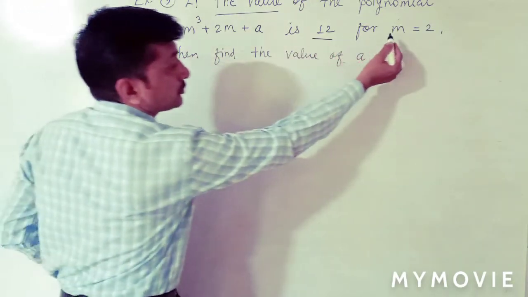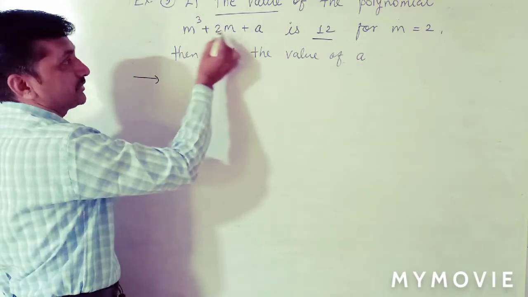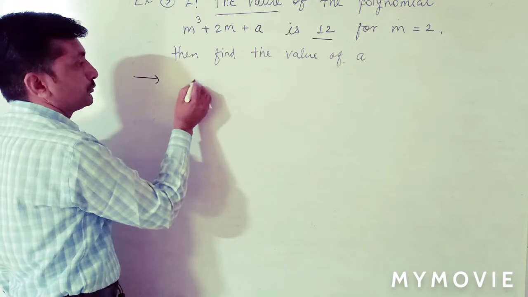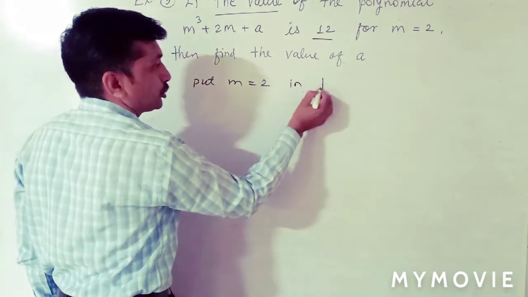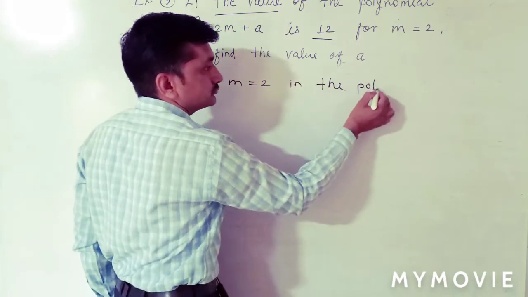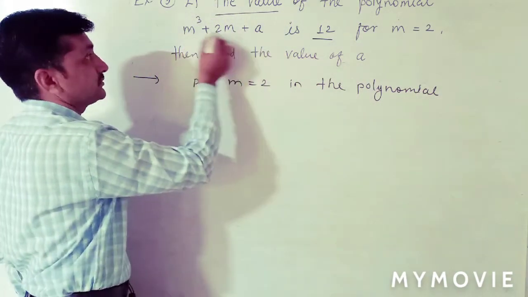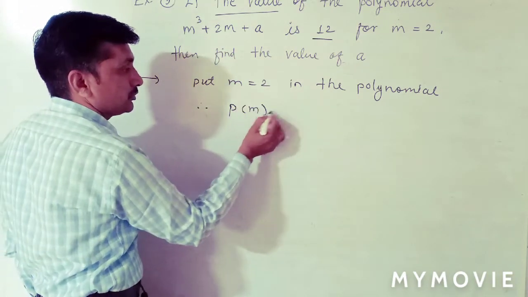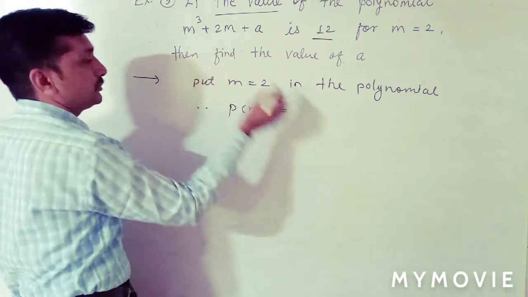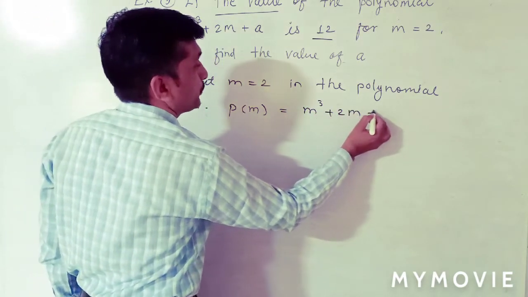Now we have to put m is equal to 2 in this polynomial. Put m is equal to 2 in the polynomial. The polynomial is this in terms of m. Therefore I write here p of m is equal to m cube plus 2m plus a.